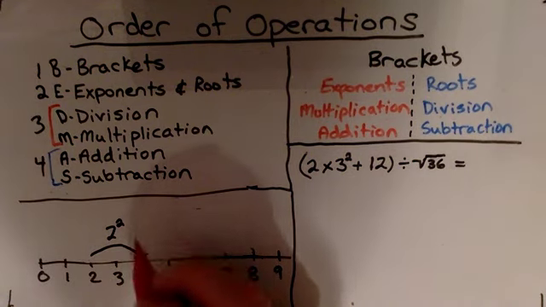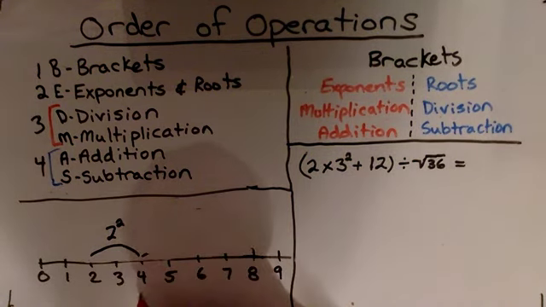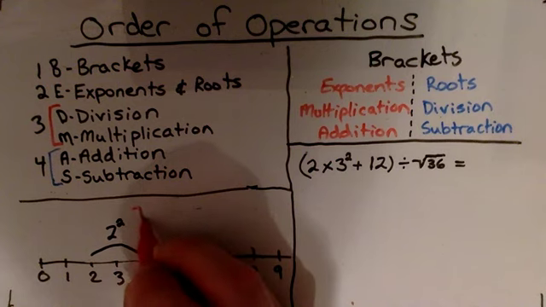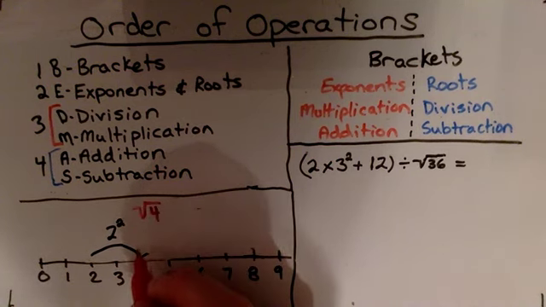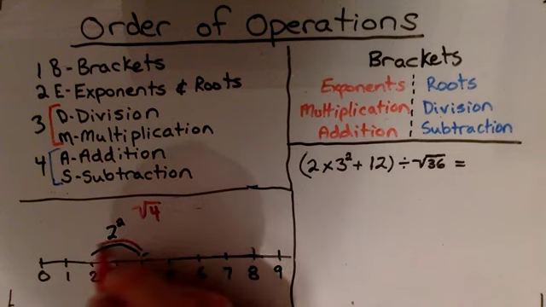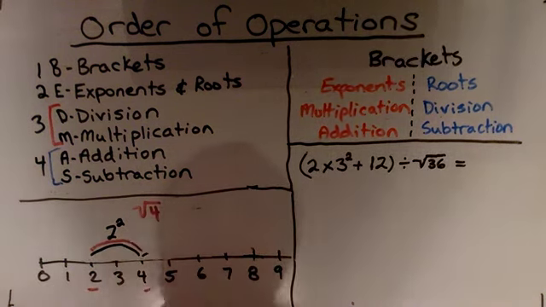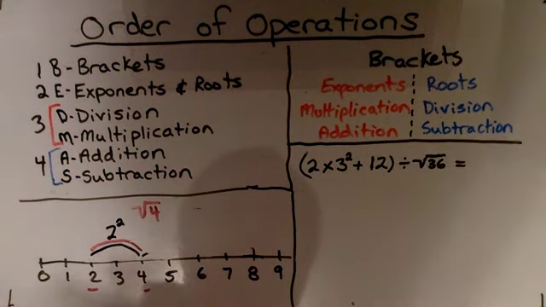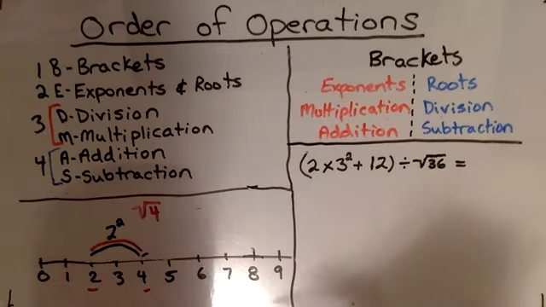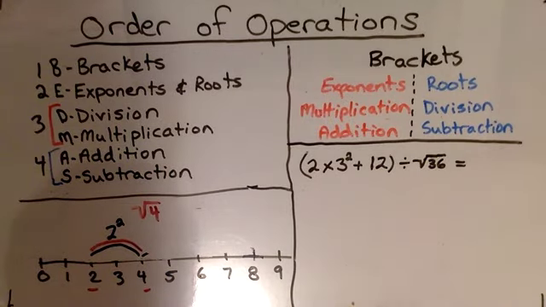And similarly, if I took 4 and did the square root of it, I'd be going from 4, jumping back down to 2. So as you can see, a square and a square root are exactly the opposite direction, doing the exact same sort of thing. That's what I'm trying to show here.